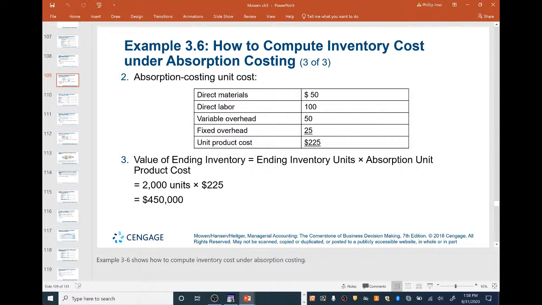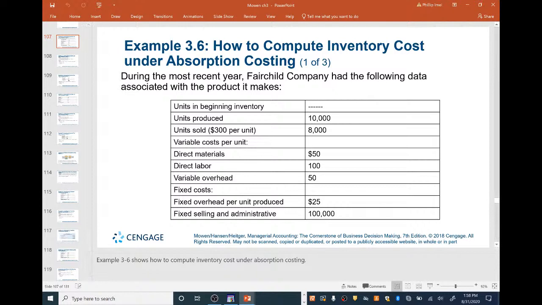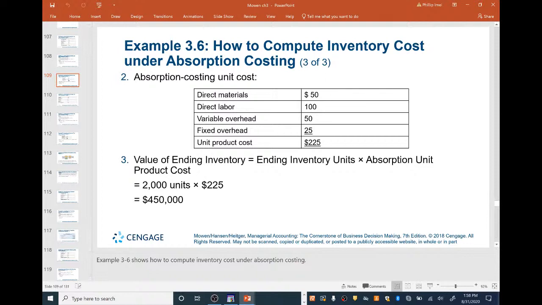So we plug the given data in: direct materials 50, direct labor 100, variable overhead 50, fixed overhead 25. This is where you really have to know the difference between the components that make up absorption costing and variable costing.